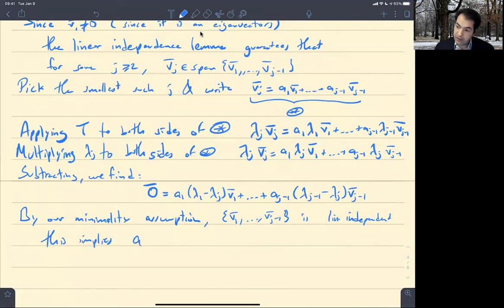So this implies that ai times (lambda i minus lambda j) is equal to 0 for all i between 1 and j minus 1.